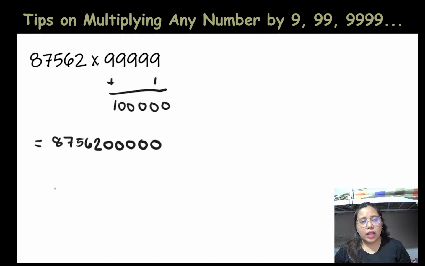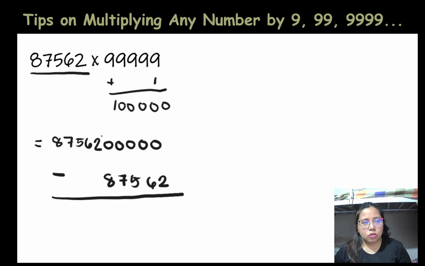Okay, next is to subtract this given number here. Okay, so, subtract natin. So, yung 8, 7, 5, 6, 2. Okay. So, when I regroup, inumpisahan ko dito kapag sunod-sunod yung 0. Umpisa natin dito. So, this will be 1. This will be 9, 9, 9, 9, and then 10.